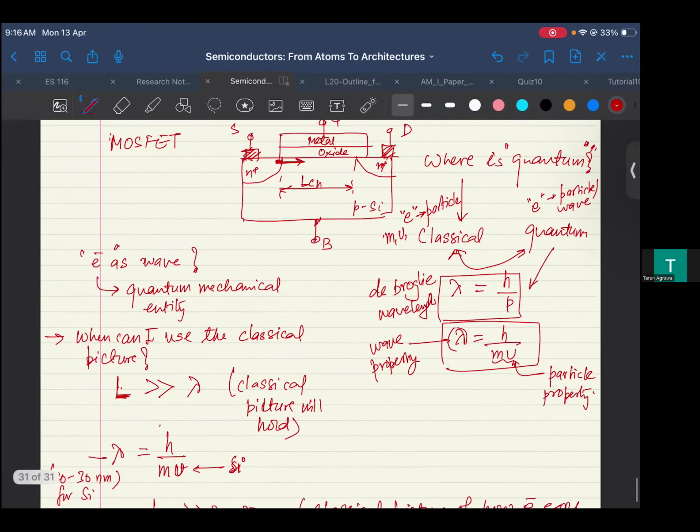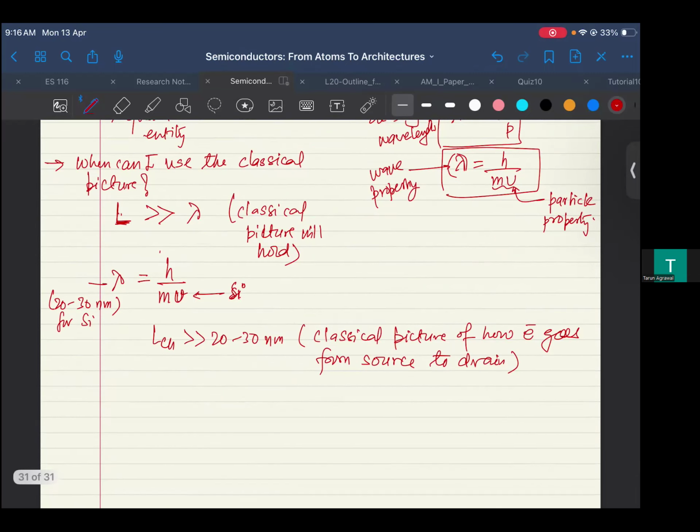But suppose this was not 20 to 30 nanometer, which is the case in current transistors, where we see LCH is between, let's say, 15 to 20 nanometer. Then the classical picture may not be accurate, right?